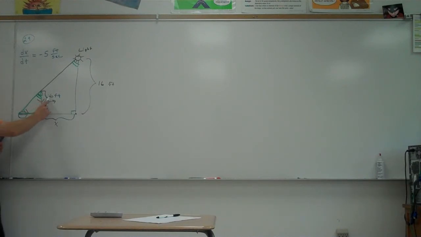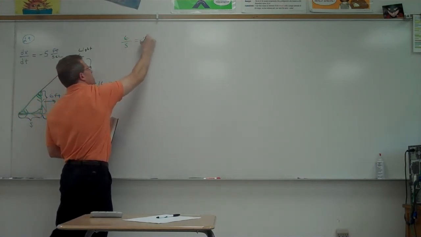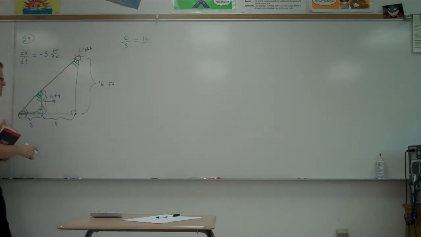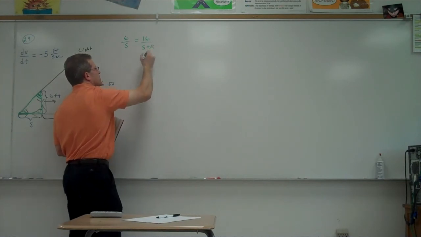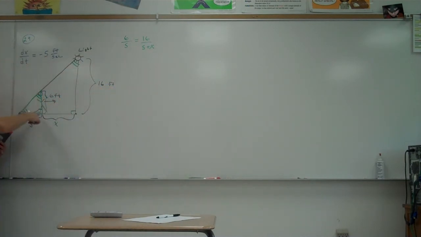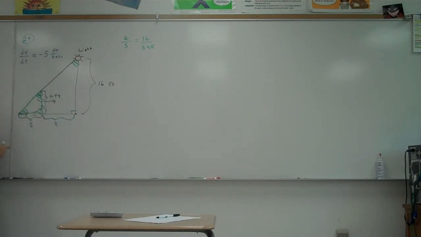We can say 6 over s equals 16 over, what do you think it would be? If you're doing 6 over s, 16 over what would I put? Right, s plus x, correct. So I'm doing the short vertical side over the short horizontal side, divided by the long vertical side over the total long horizontal side.